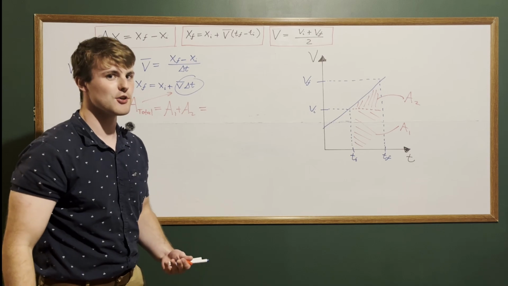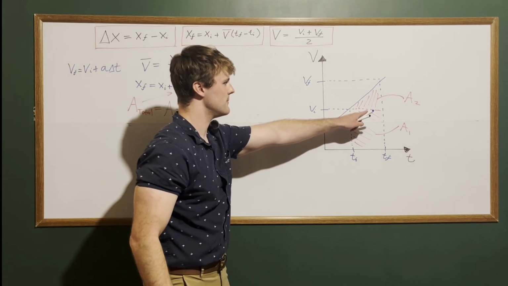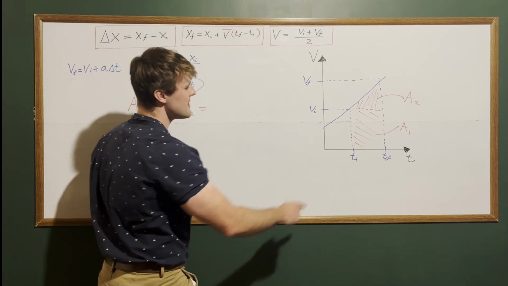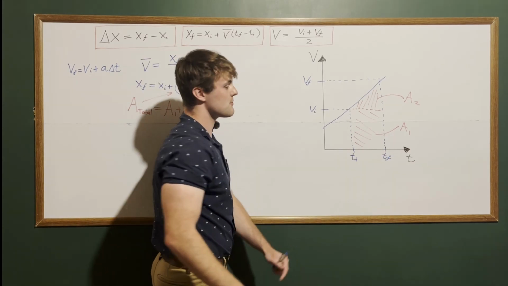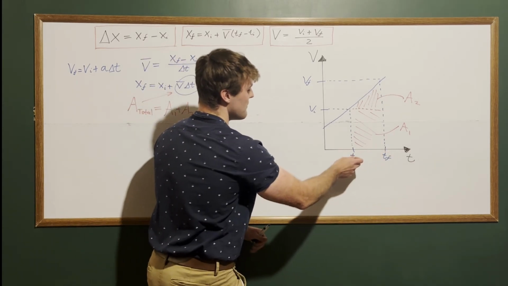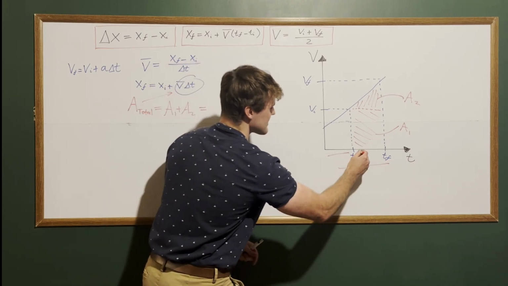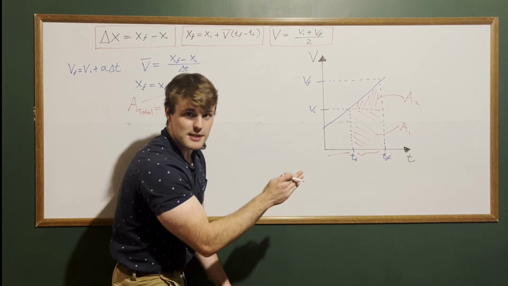What's the formula for a triangle? It's just base times height divided by 2. Our base is this interval right here, which is represented by TF minus TI, this distance minus this distance, which is just this distance, and that's just delta t.